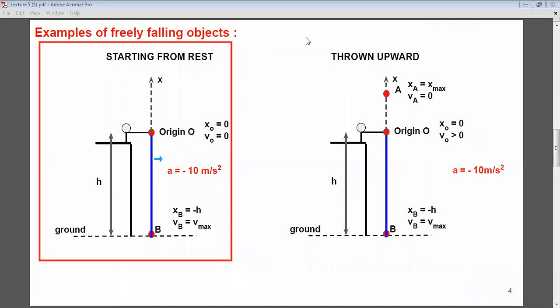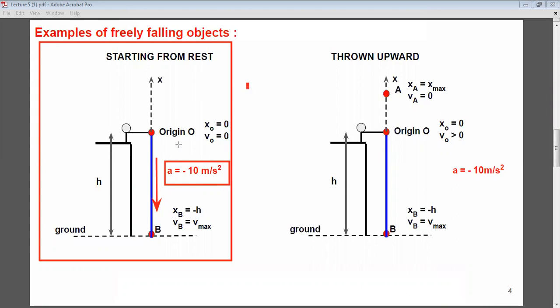This object will go down under the effect of gravity alone. So the acceleration is minus 10 because this object is falling under the effect of gravity alone.